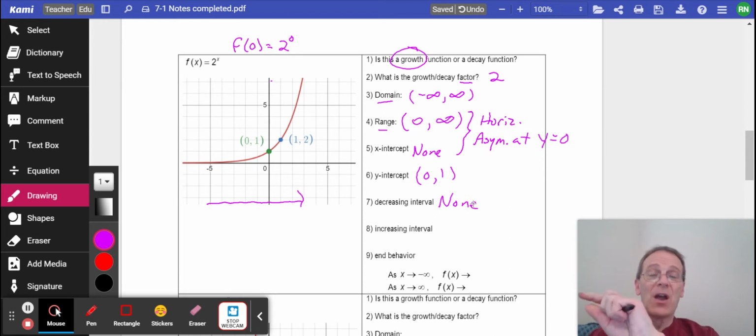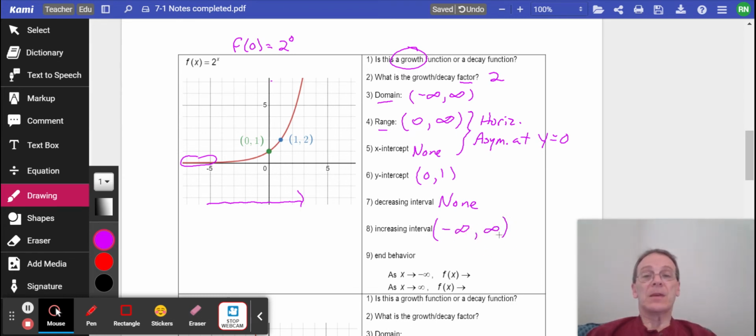These y values are always, always increasing. Way over here on the left, they're not increasing by much as you go to the right. They're increasing by little, by little, by little, by little. And then at some point, the amount of increase starts to accelerate very quickly. Right? So the increasing interval is all real numbers.